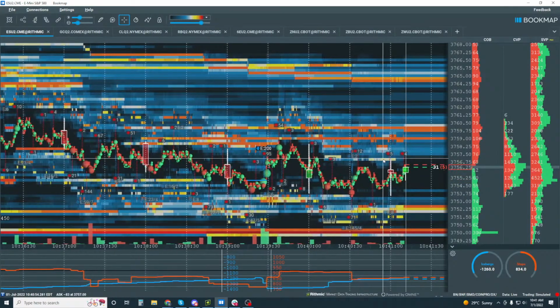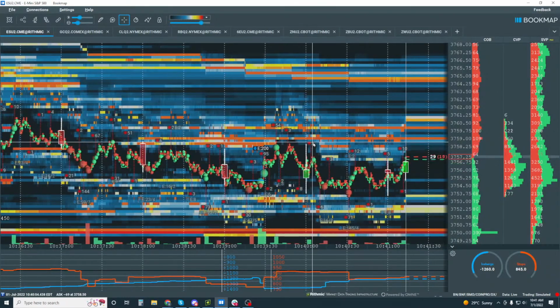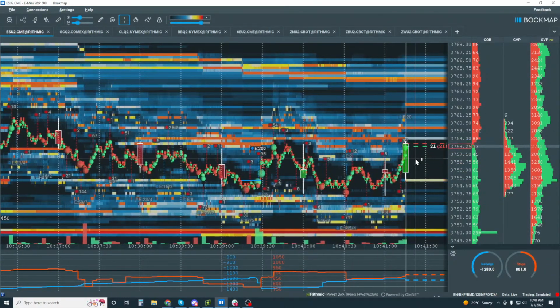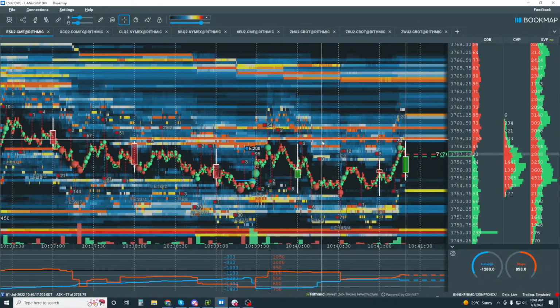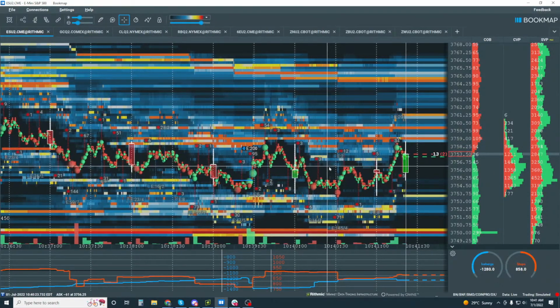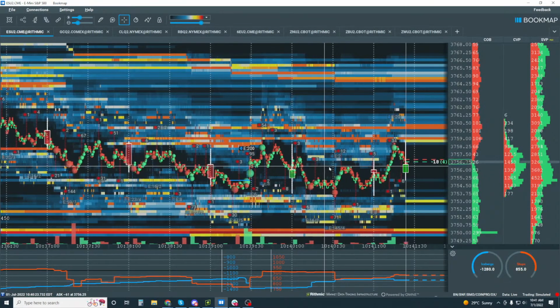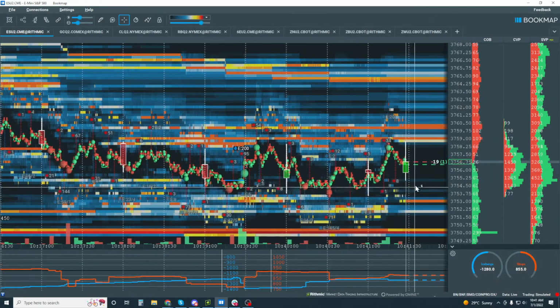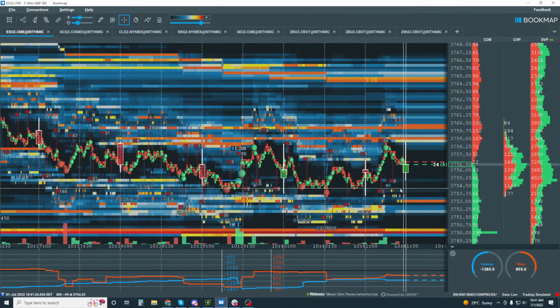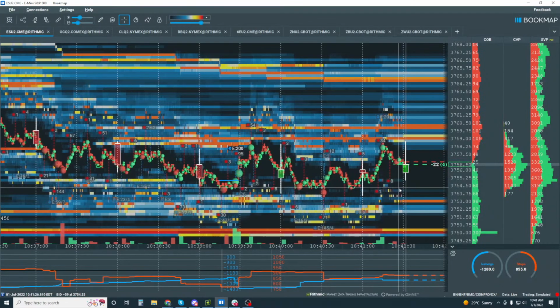They did pull this liquidity at 57 and a quarter. All right, there we go. Now we got a little bit of buying, but we're just at the top of the range here. Again, pretty dark in here on the bid, so we can see a move back down to the bottom of the range here.